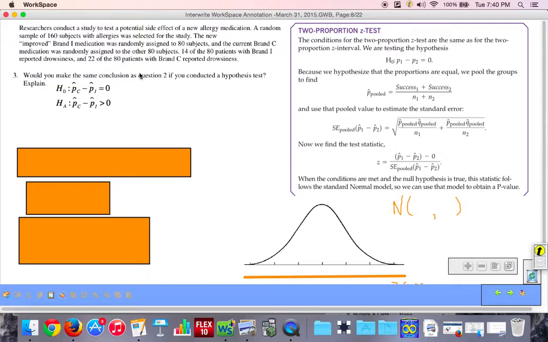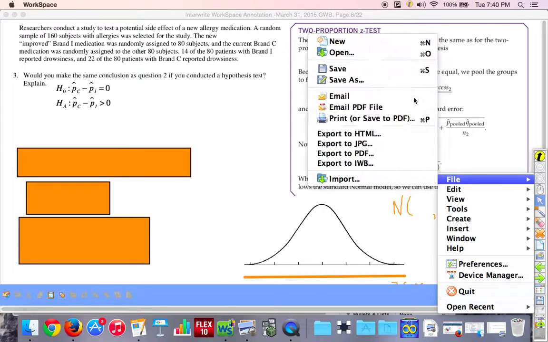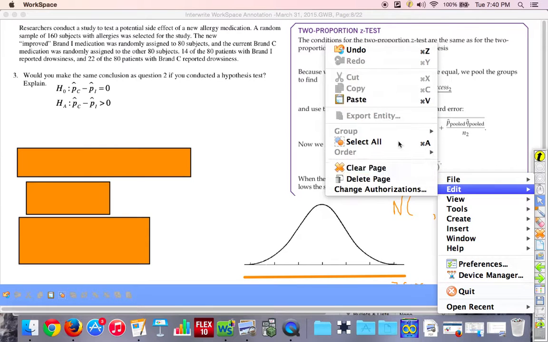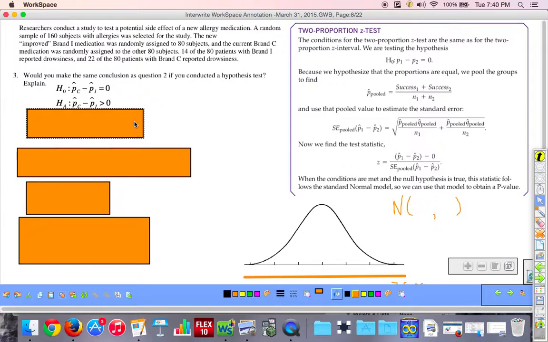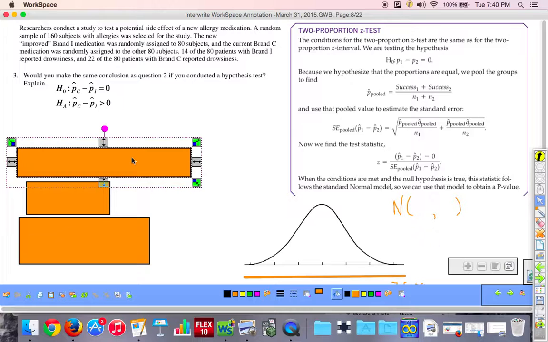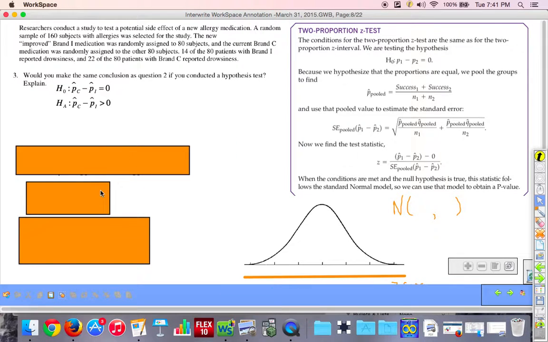What just happened? Sorry about that. I have to undo what I just did. I know there's a button there. Let's see what happened. I think that was in front of the hypotheses. Hopefully this is our p pooled value. Either that or I deleted it. I'm trying to get better. Nope. That was p pooled. What happened to it?